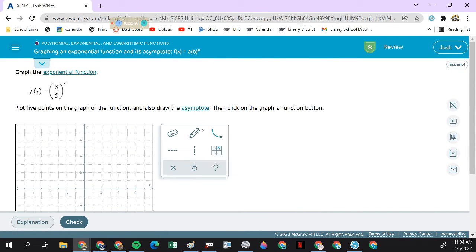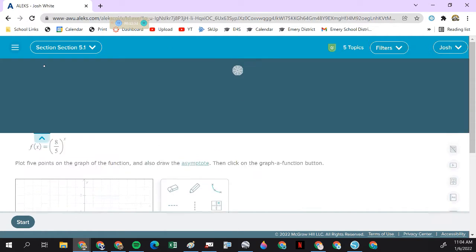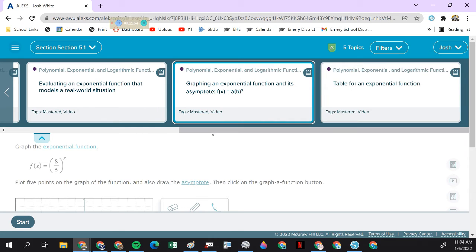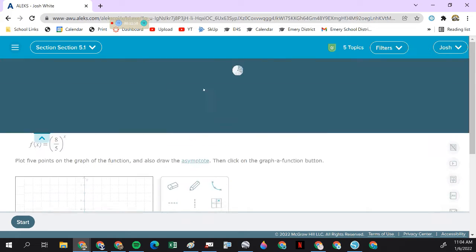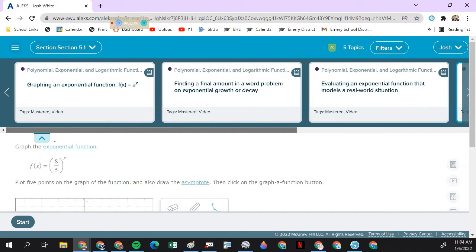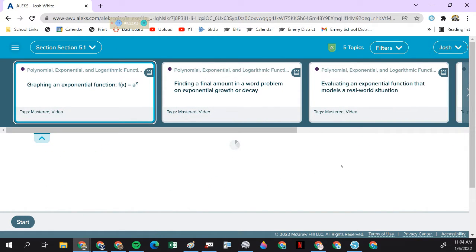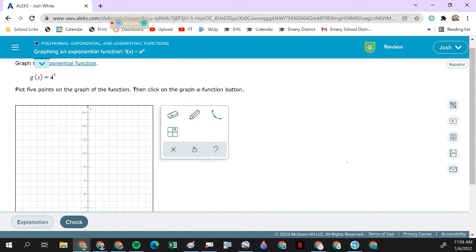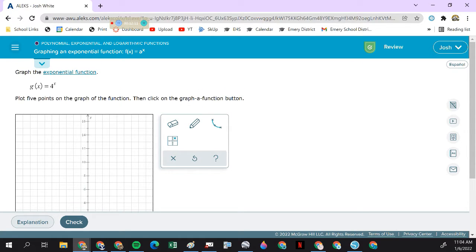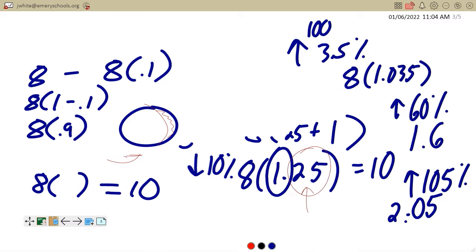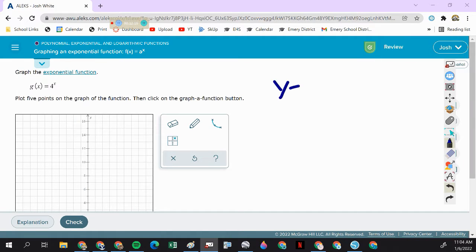Okay, graphing an exponential function. Let's do the easy one first. Right here. So this is saying graph 4 to the x. And actually, it's y equals 1 times 4 to the x.